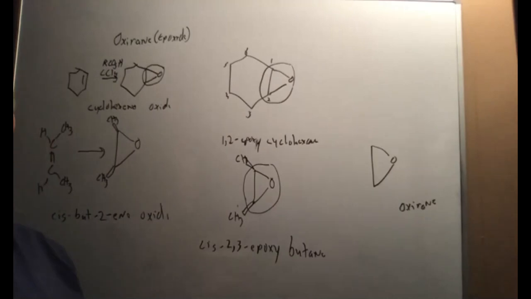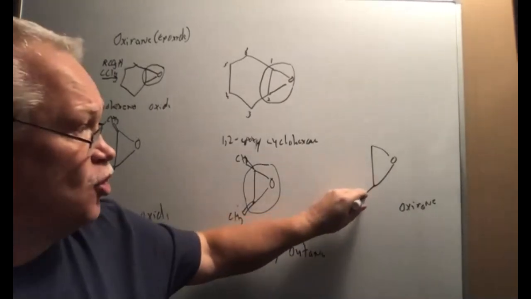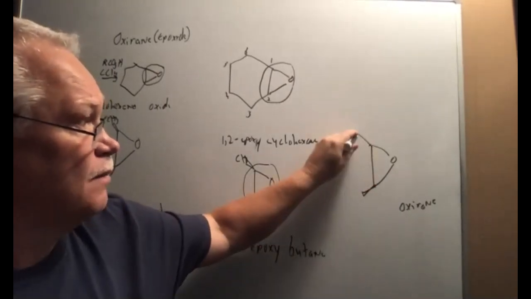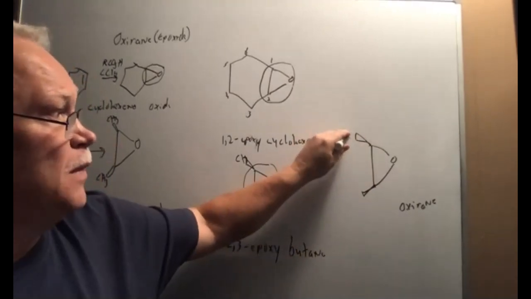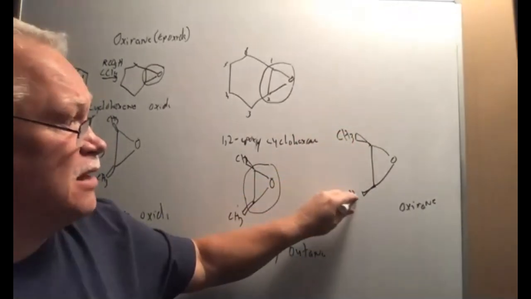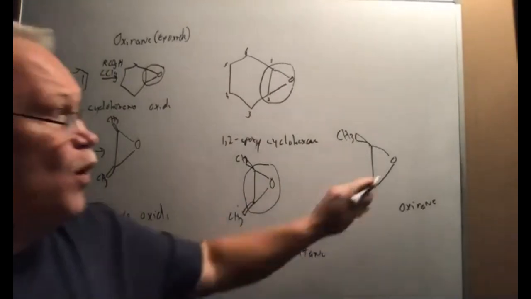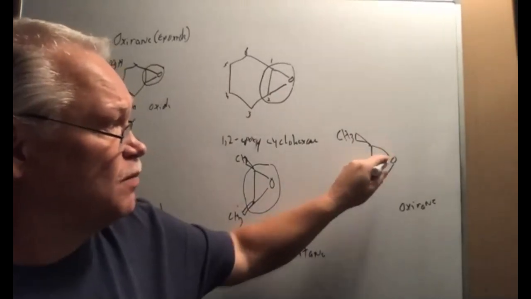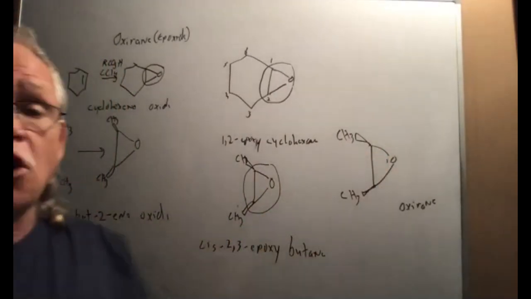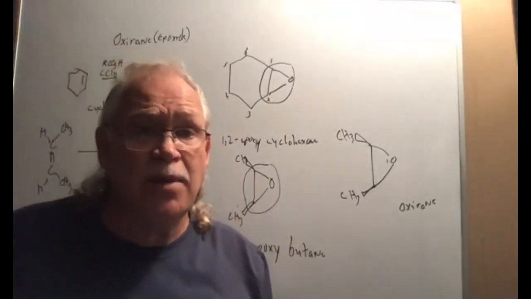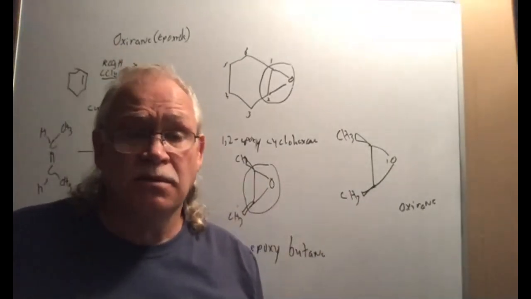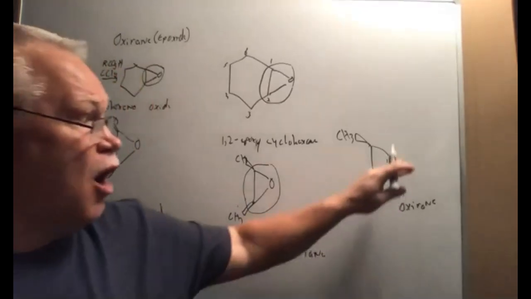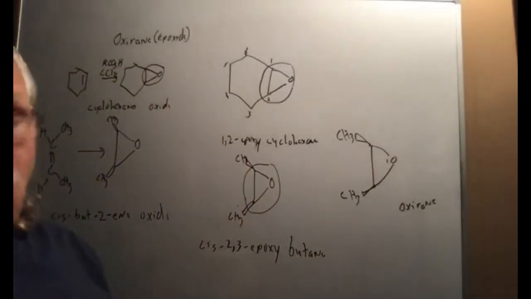O-X-I-R-A-N-E, oxirane. Now, if we have 2 methyls on here, okay, when we name it as an oxirane, we always number letting the oxygen be the number 1. So the systematic method of naming all of these different cyclic ethers always lets the oxygen be the number 1.